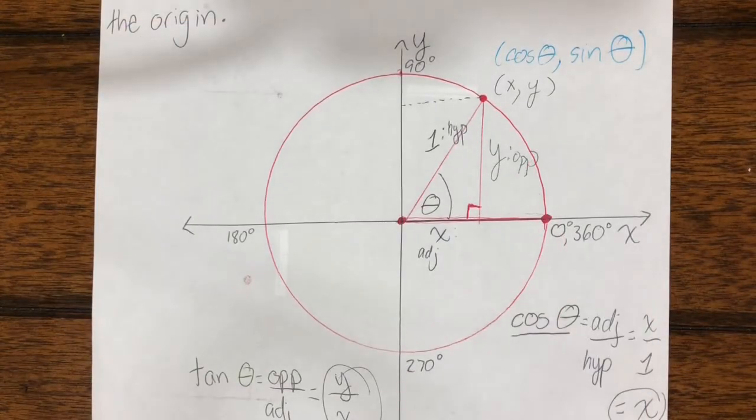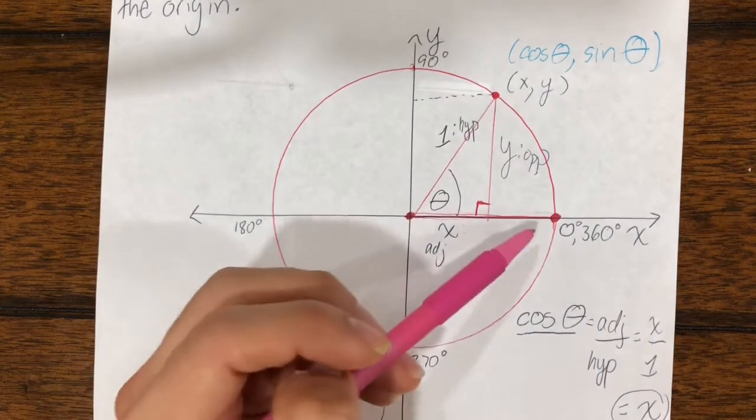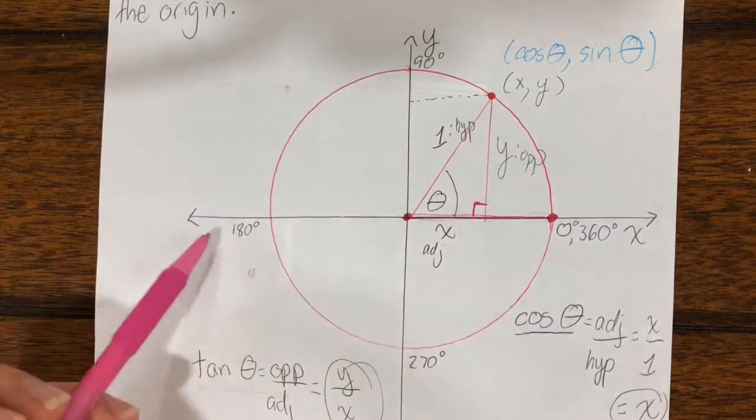Before I conclude the video, I definitely want to talk about one more thing about the unit circle, specifically the quadrantal angle measurements, meaning the angle measurements that are divisible by 90. Now we have 4 points that are on the axis.